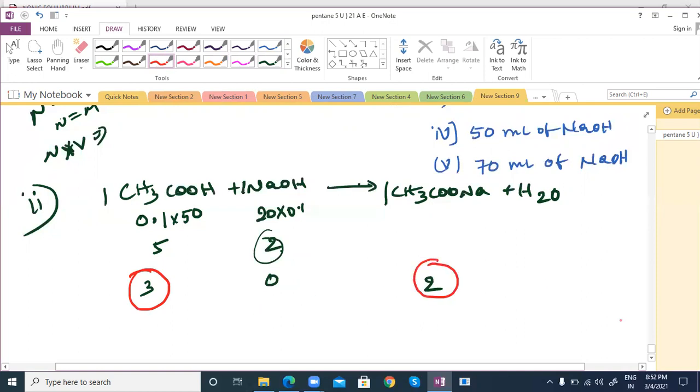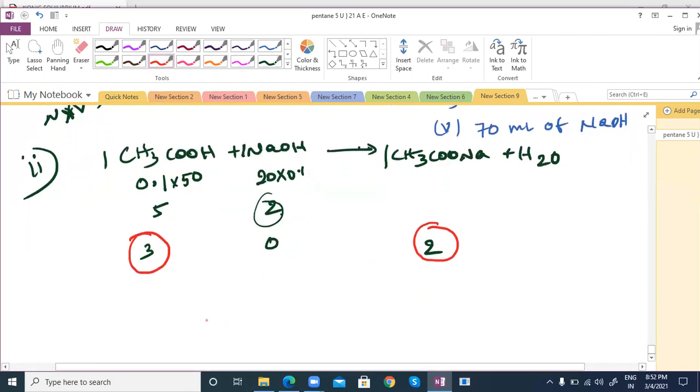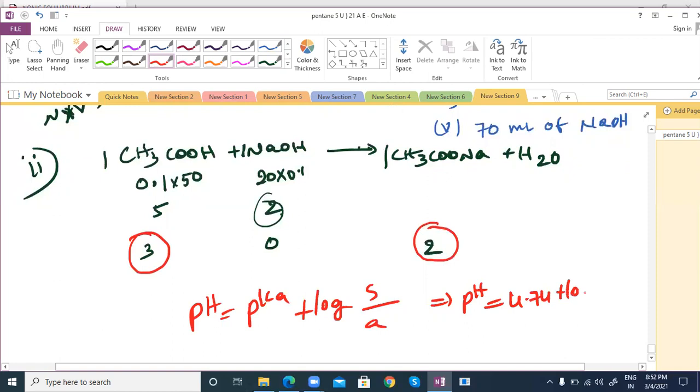Both are present in the solution, so it is a buffer. Then pH equals pKa plus log of salt by acid. Substitute pKa, which is 4.74, plus log of salt 2 by acid 3. By using this, you can get the answer.